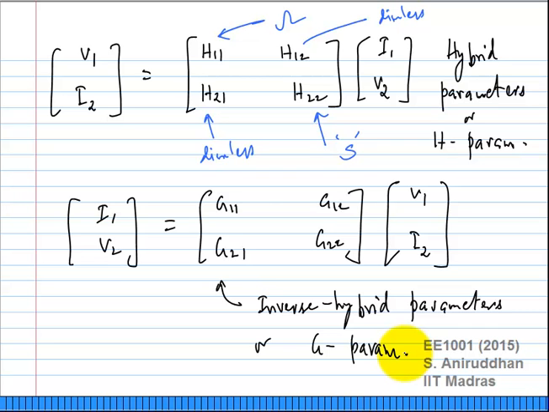These are all simply ways of representing the same network.